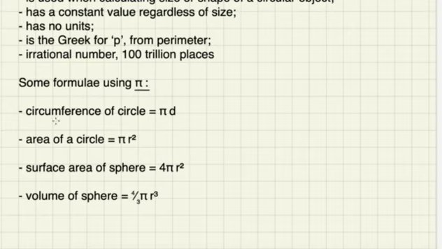So when we're trying to work out the circumference of a circle, then as we saw above, pi equals the circumference over the diameter.